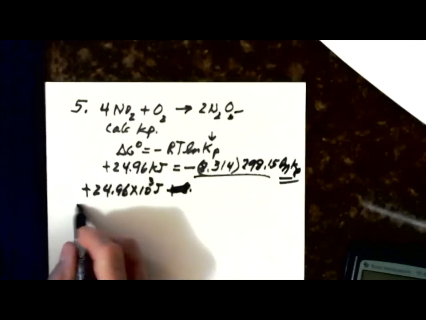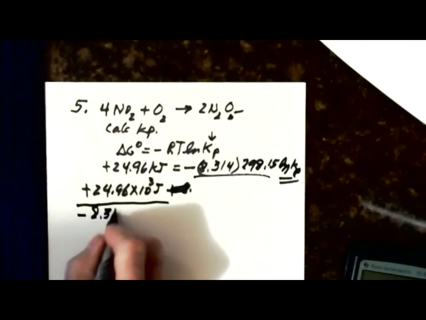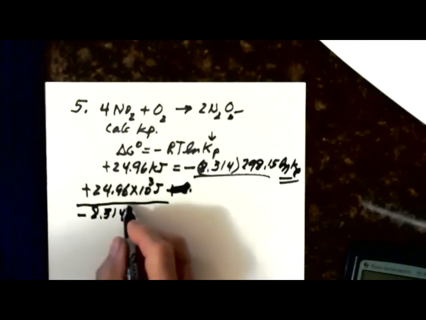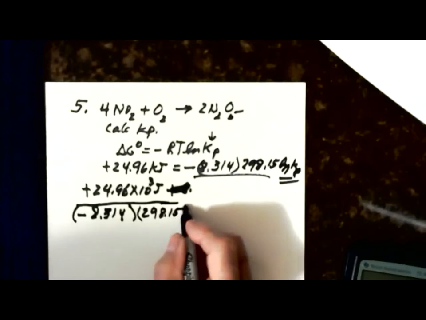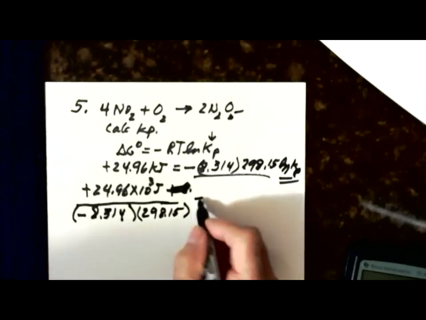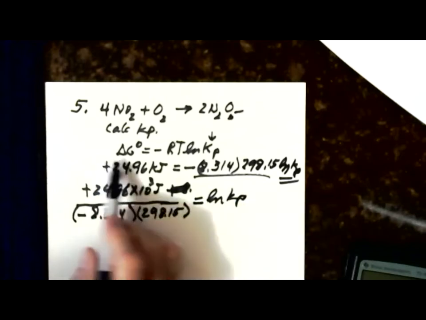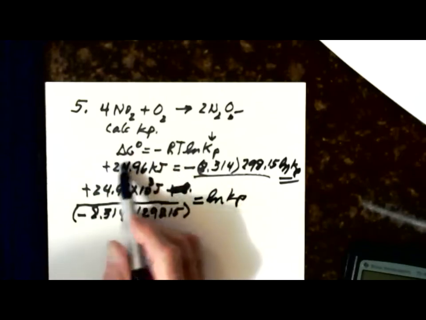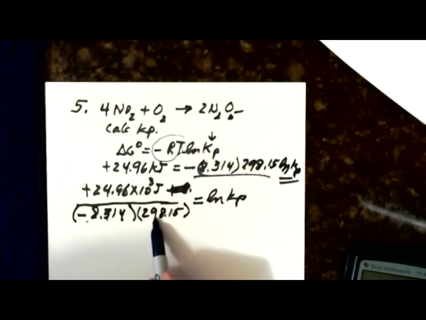Okay, so we're going to divide by minus 8.314 joules per mole times 298.15, which is equal to the ln of Kp. So delta G is going to be this value divided by negative RT, and that'll be equal to ln of Kp.